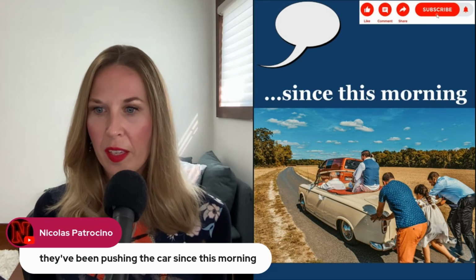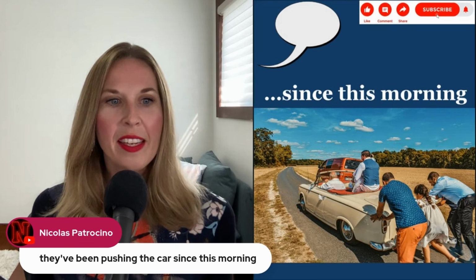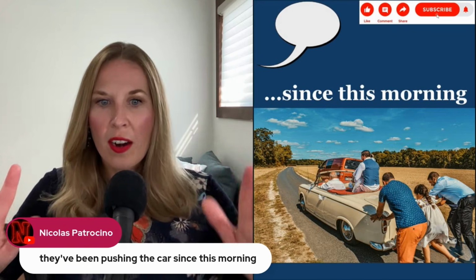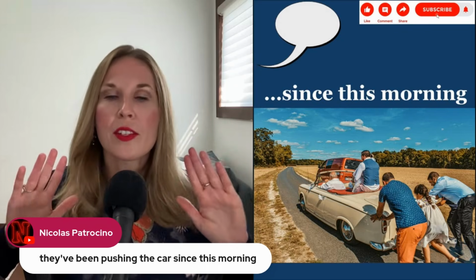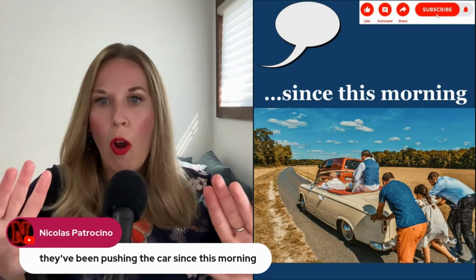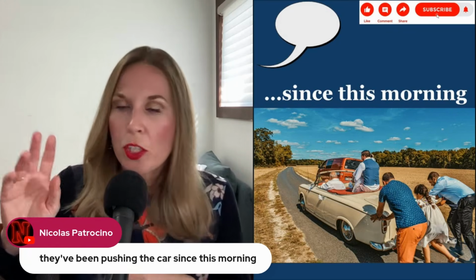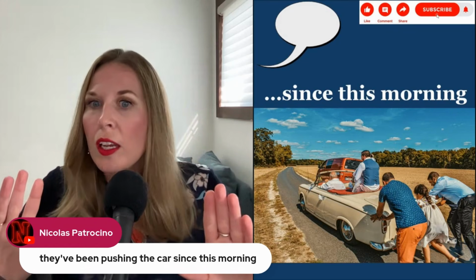Okay, so what could we say here? Nicholas said, they've been pushing the car since this morning. Yes, so they're pushing the car. That's what they're doing now. So if someone asks me, what are they doing? Oh, well, they're pushing the car.